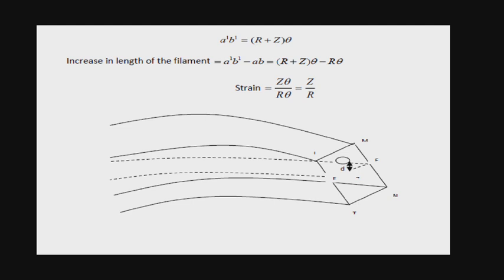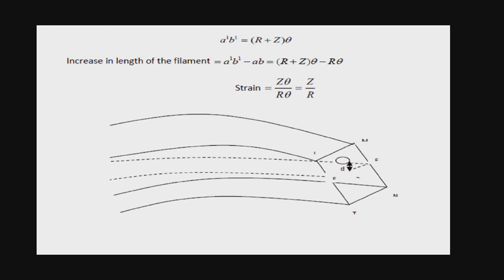So, A'B' is equal to (r plus z) into theta. Increase in length of the filament is equal to A'B' minus AB, which is equal to (r plus z) theta minus r theta.